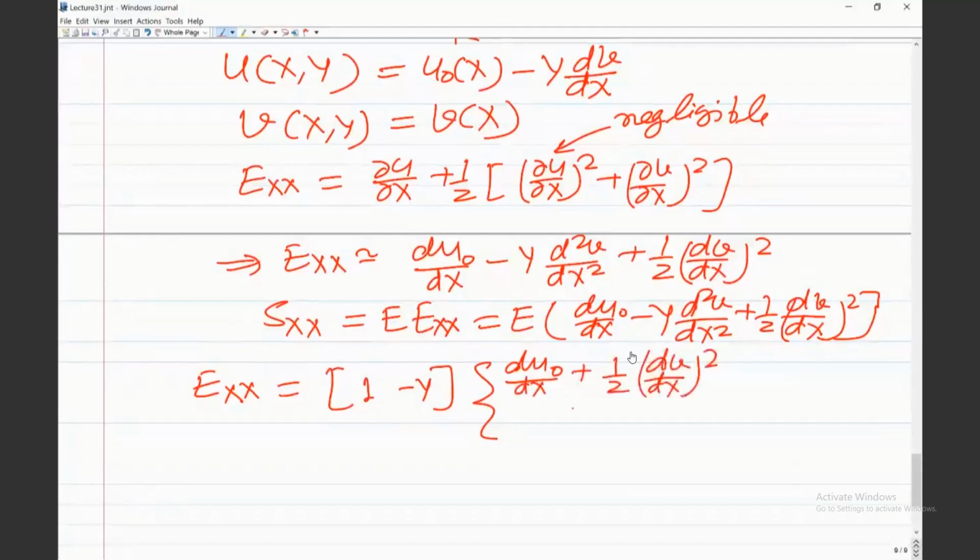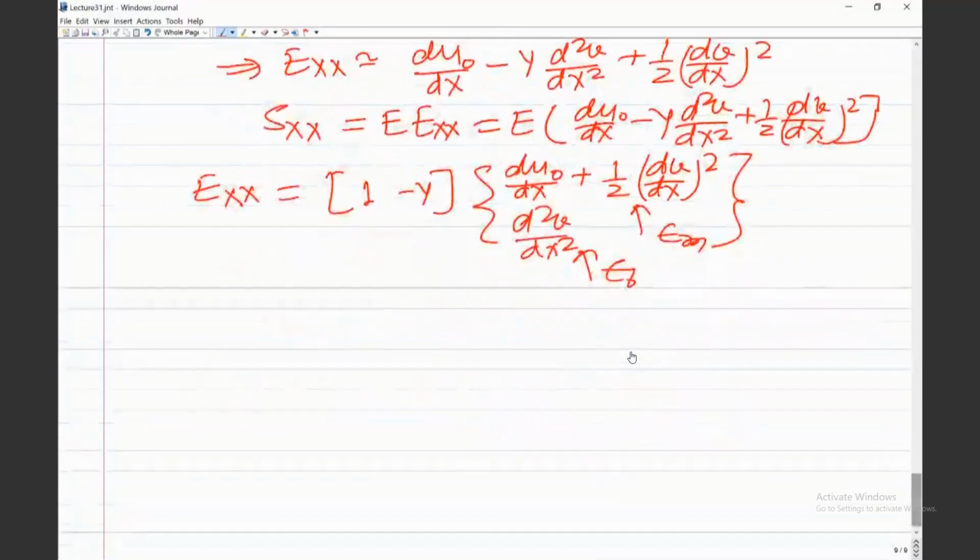This I am keeping together, and then the second term is d2v by dx square, that is curvature, that I am keeping separately. The first term I am calling epsilon m, and this I am calling epsilon b. That is, epsilon m is the membrane strain and epsilon b is the curvature.